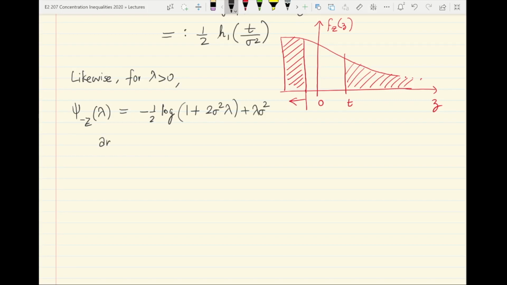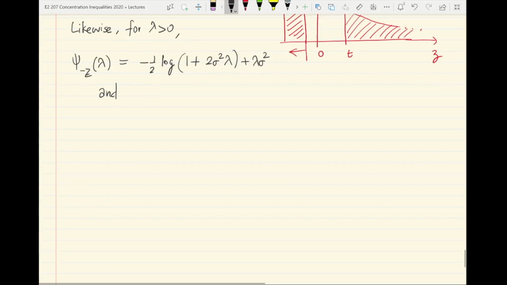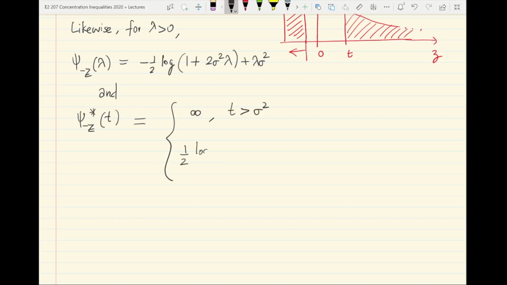And for the random variable minus z, its Cramér transform turns out to be infinity if t is larger than sigma square, and it turns out to be this quantity, half log of sigma square by sigma square minus t, by 2 sigma square, if 0 is less than or equal to t less than or equal to sigma square.